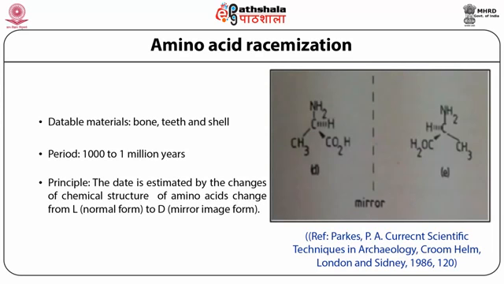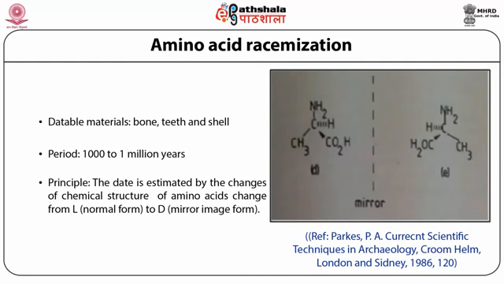The L amino acid is called the normal form and the D amino acid is called the mirror image form. After the death of an organism, the L amino acid is transformed to the non-protein D amino acid over a long time period.